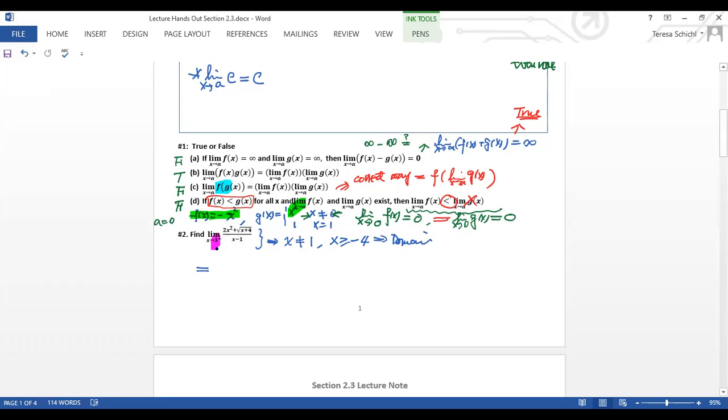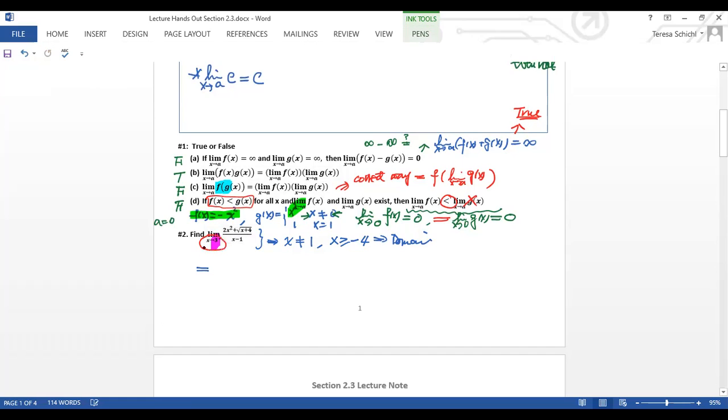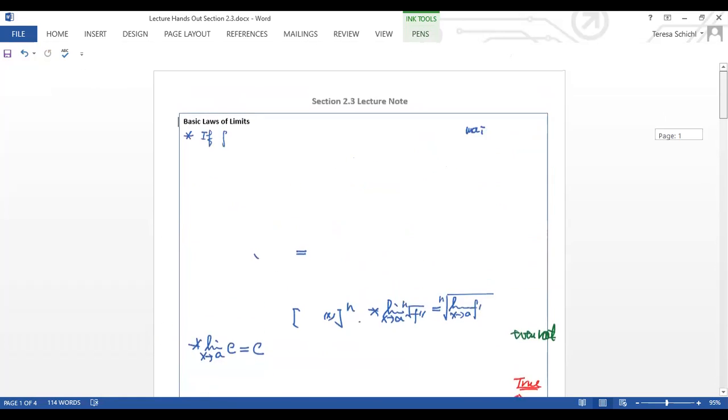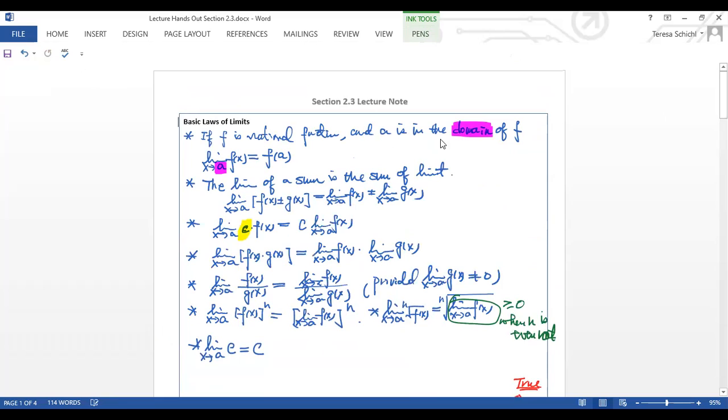Then here they say x approaches 3 from the right-hand side. So x approaching 3 from the right-hand side is inside the domain, yes. If this is inside the domain, then by our limit law number one, if a is in the domain, then when you approach a, it will just be equal to plugging a into your function.